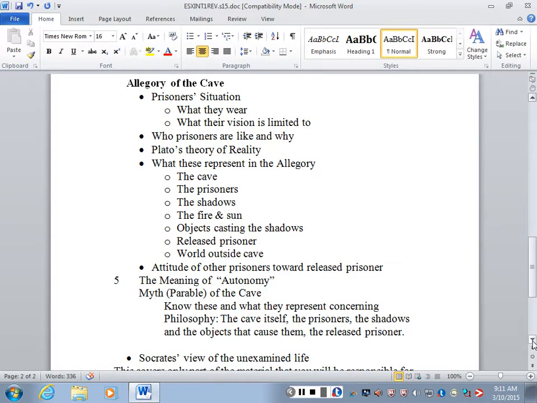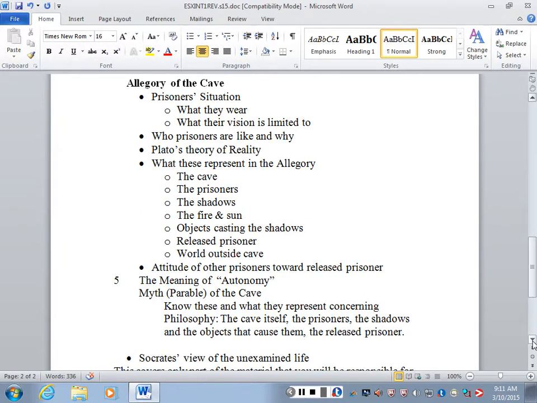So then one way makes the cave to be our sort of intellectual, cultural environment. We're the prisoners. The shadows are uncritically acquired beliefs, the ones we haven't challenged, we've just soaked up, right?